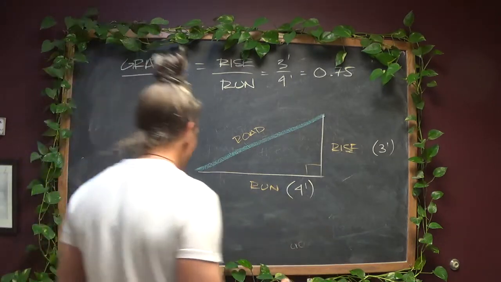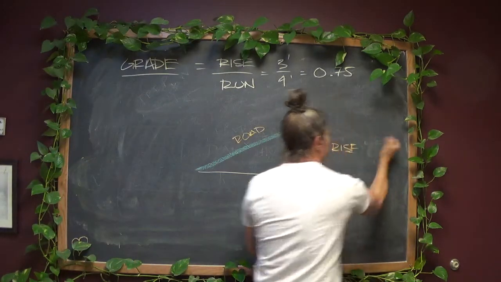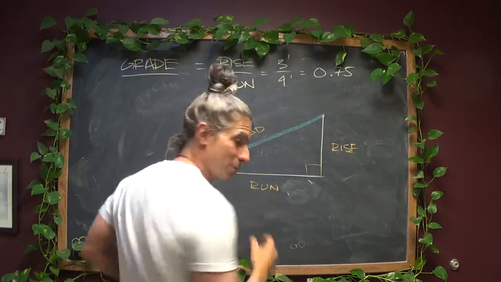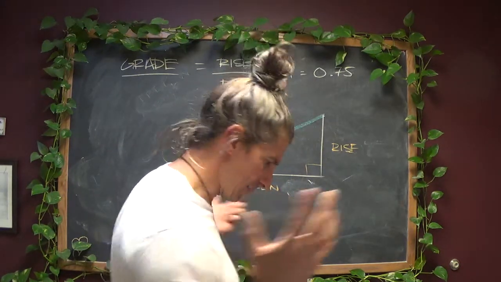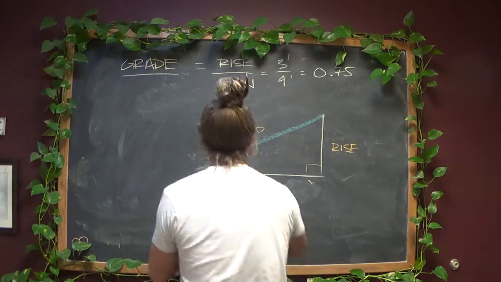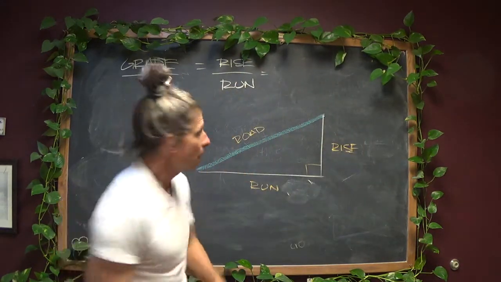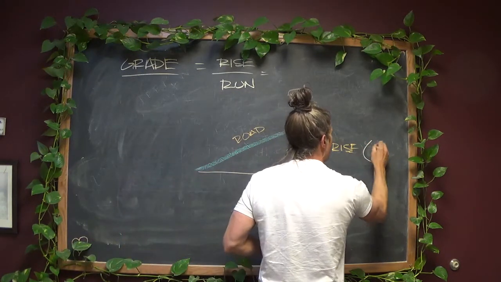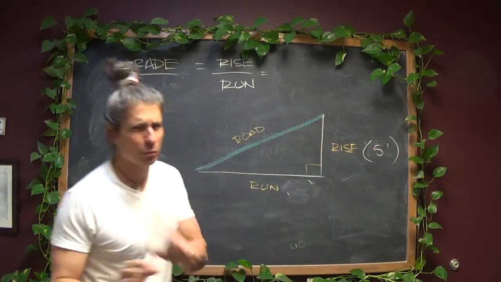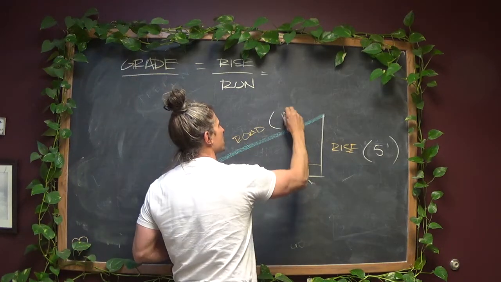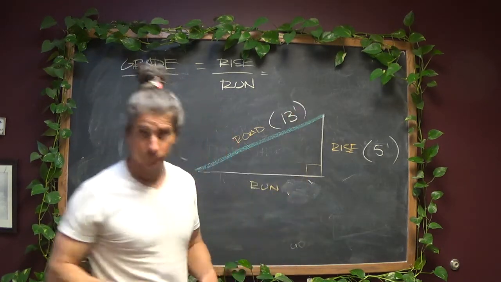So for example, suppose, let's just make some numbers up that are kind of agreeable. Let me use my little eraser rag, which I can't find. Oh, here it is. Okay. So suppose you rose 5 feet, just to throw some numbers in there, but the road you traveled on was 13 feet.